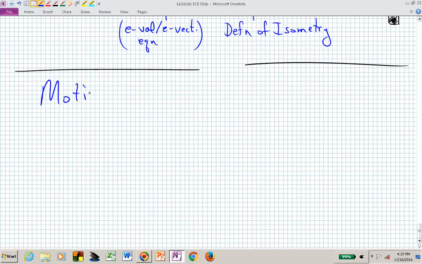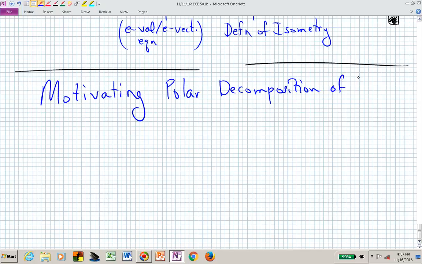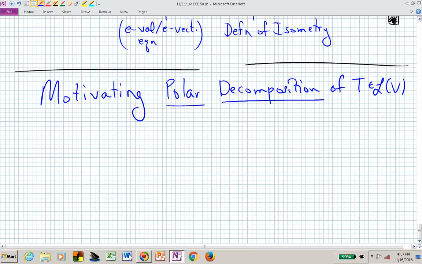And before we get there, let's just remind ourselves of where we have traveled. Let's say we're motivating this polar decomposition of an operator T on a vector space V. Again, what we are really doing is combining these two concepts, a positive operator with an isometry, to make a polar decomposition.